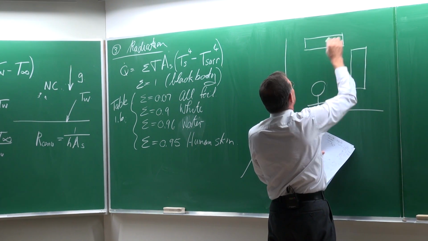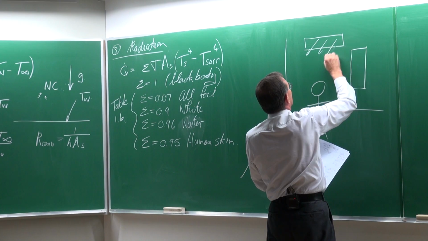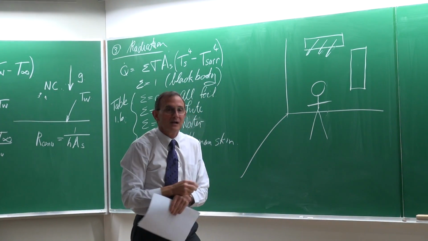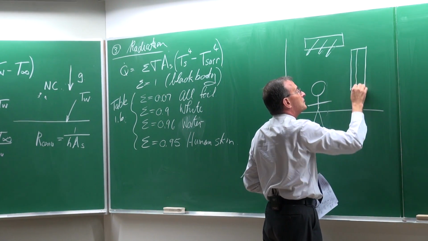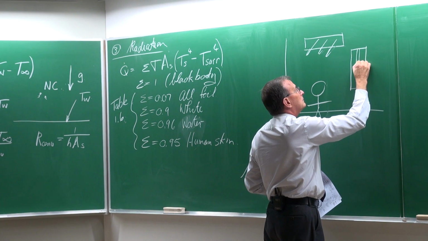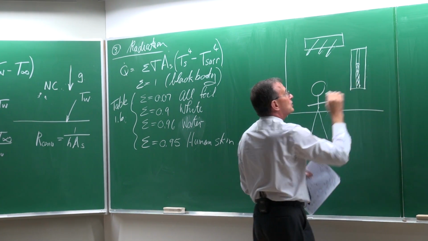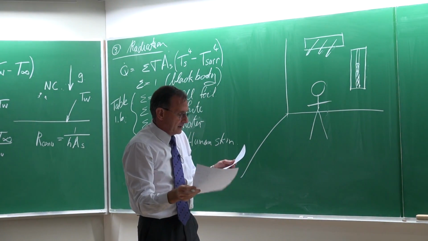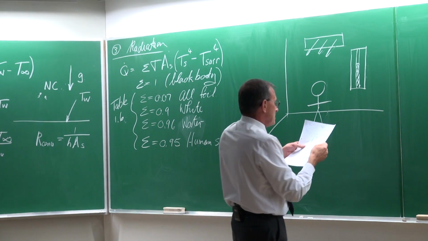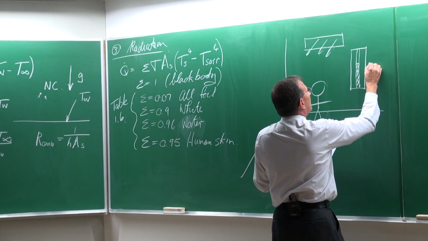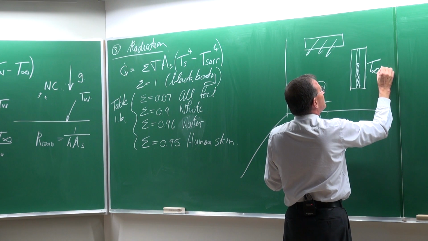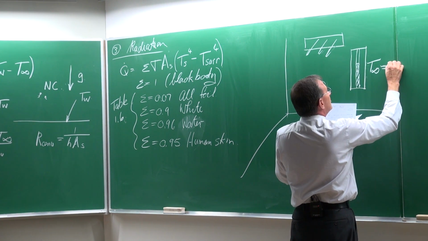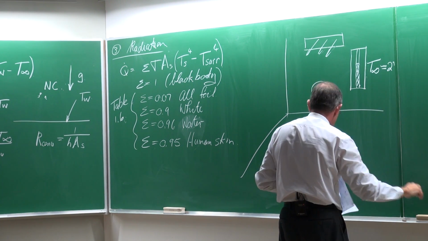So you've got a very fancy air conditioning unit in your room or in your house, and it shows the temperature of the ambient, which is 22 degrees Celsius.